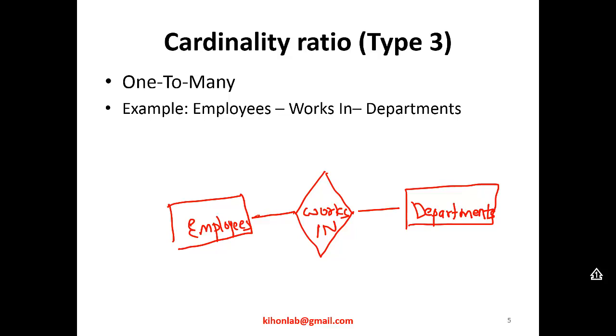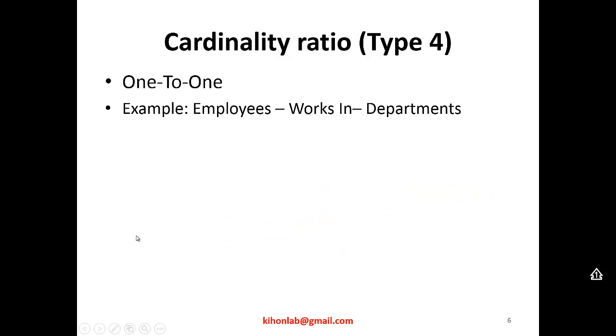Now here, one to many, an employee can work in more than one department. So this is a one to many relationship, or the type 3 cardinality ratio which can be applied on a relationship.